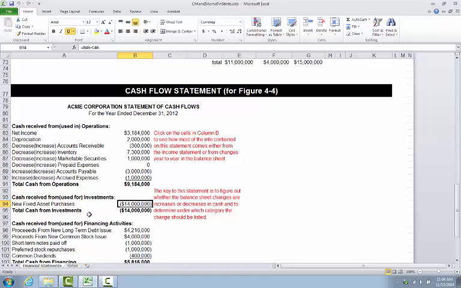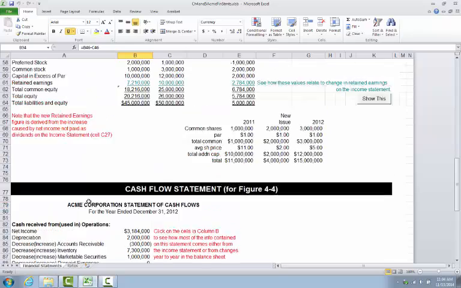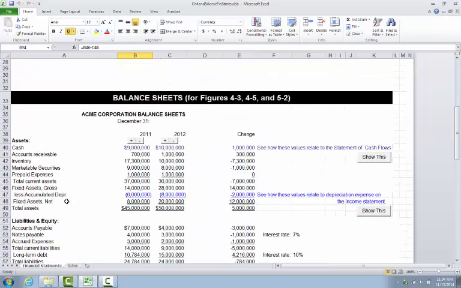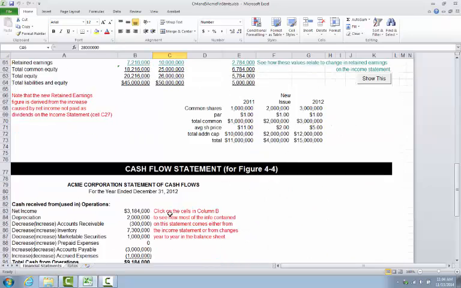Here we have a $14 million decrease in cash attributed to fixed asset purchases. And so what happened to our fixed assets? The answer is that they went up. And so when we bought new fixed assets, that cost us cash.